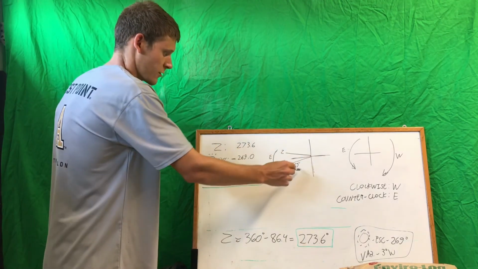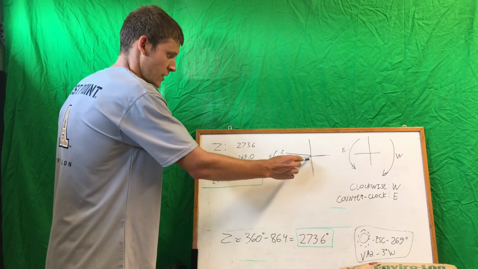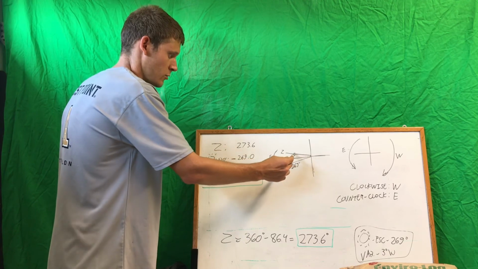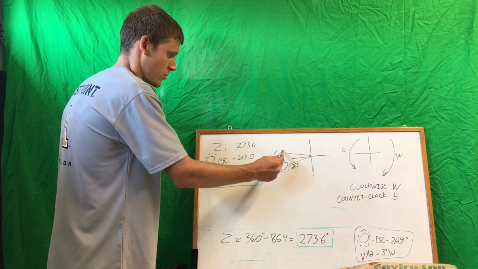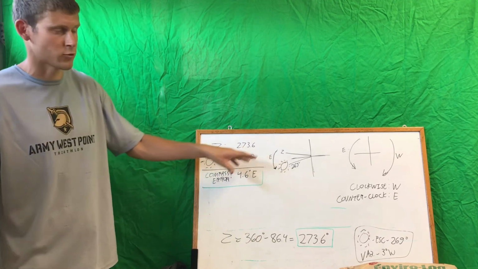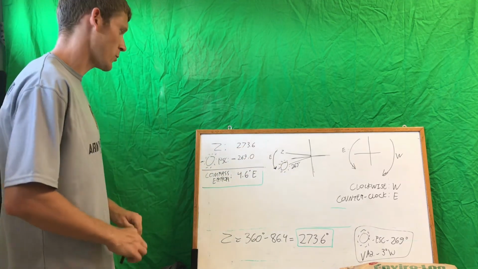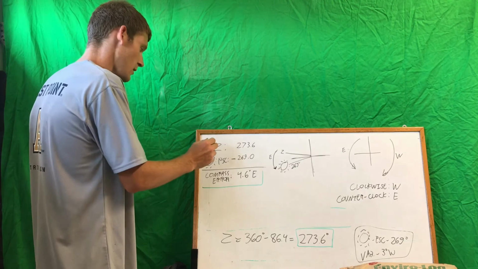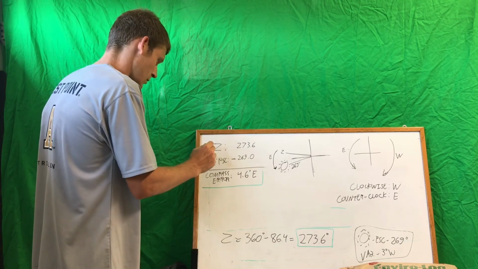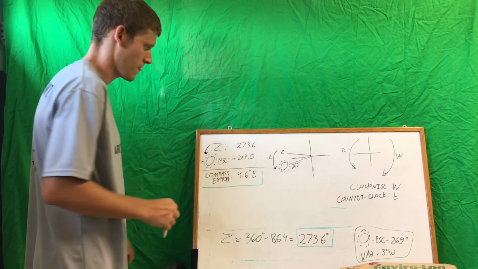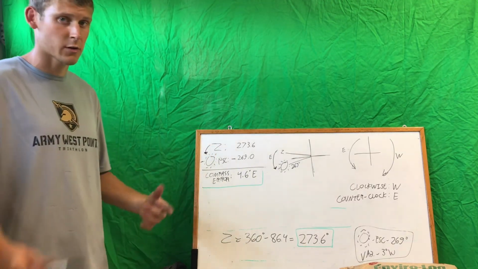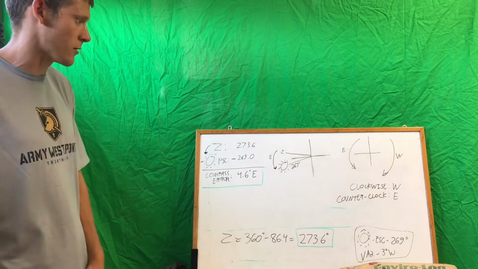For us, our sun was observed at 269, and our Z was about 273.6 degrees. So that's what it would look like if you drew it out. And what you do is you go from Z to per standard compass.